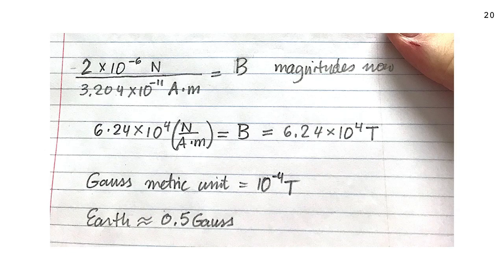So let me skip down a little bit. 2 times 10 to the minus 6 newtons, and I'll put a minus sign up here now, 3.204 times 10 to the minus 11 ampere meters.